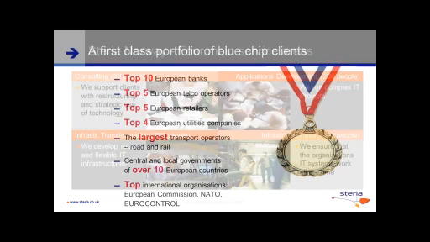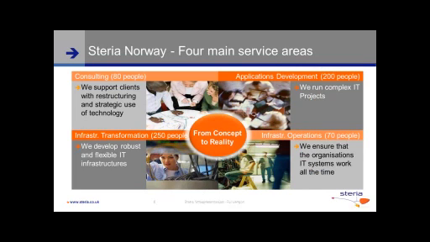Our sister company in Norway is a reasonably large organisation. There are somewhere in the region of 500 staff, based into 4 areas: consulting, actually working with our clients to promote the strategic use of technology; applications development, where we look after complex IT projects and actual coding; infrastructure transformation, where we're looking at building new IT infrastructures for the customers; and then infrastructure operations, where we're running those IT systems.